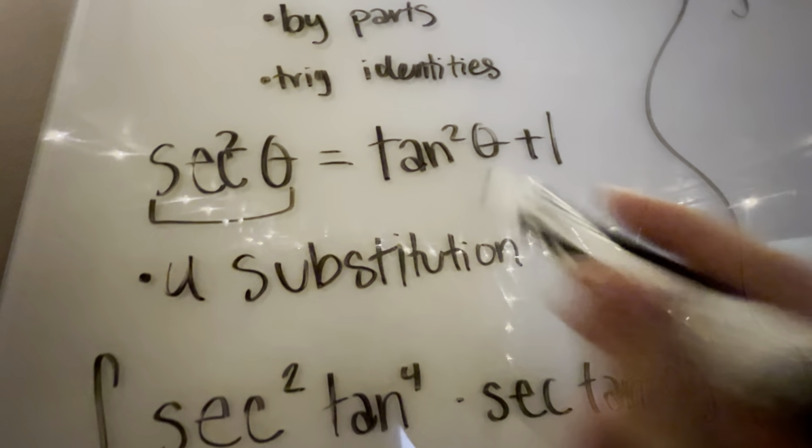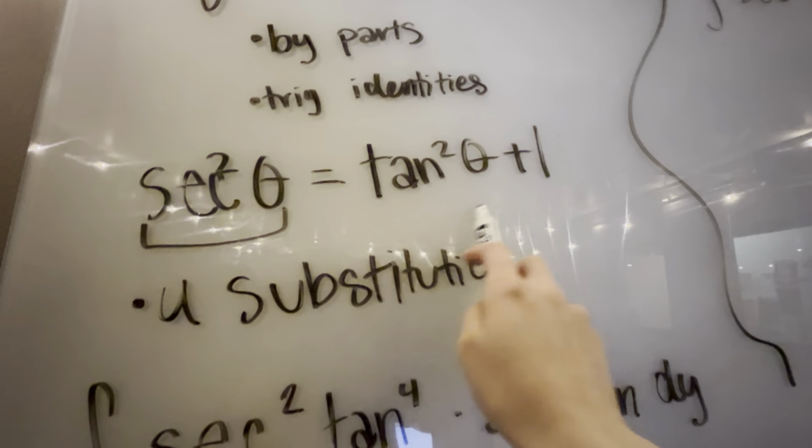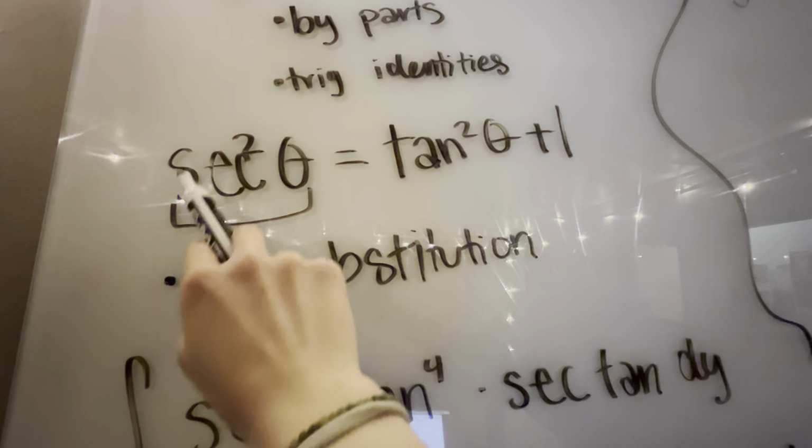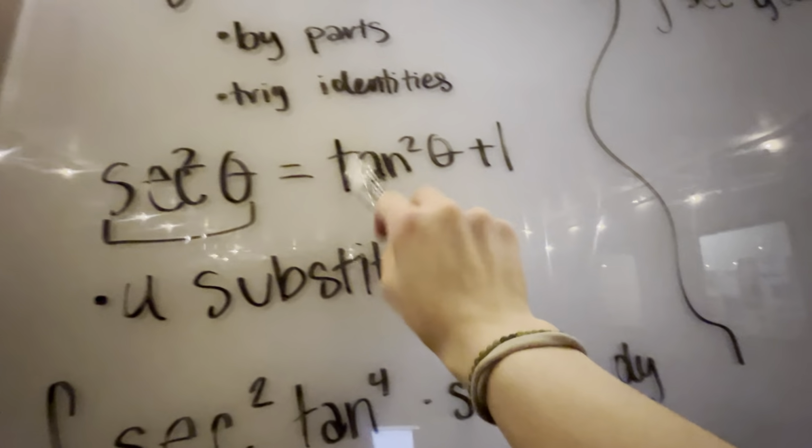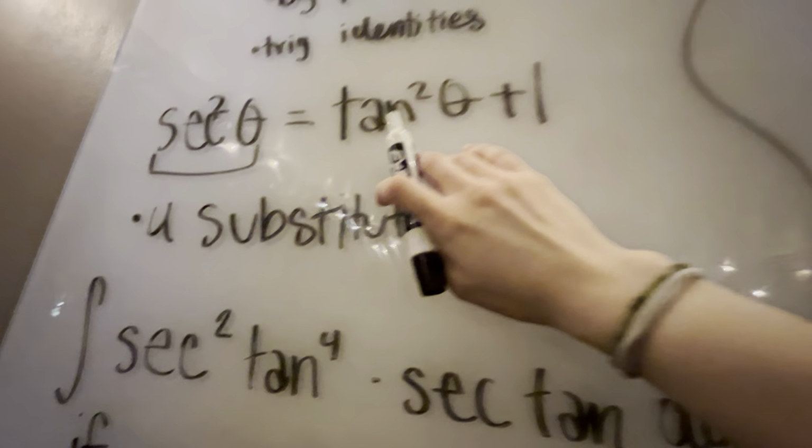I'm not that tall, so ignore that. And then using this identity right here, we can switch around the 1 and that'd be secant squared theta minus 1 is equal to the tangent squared.